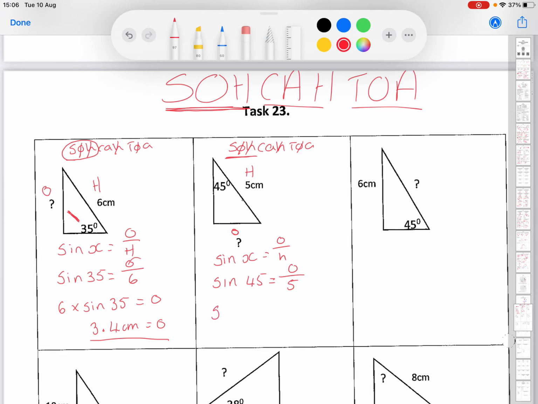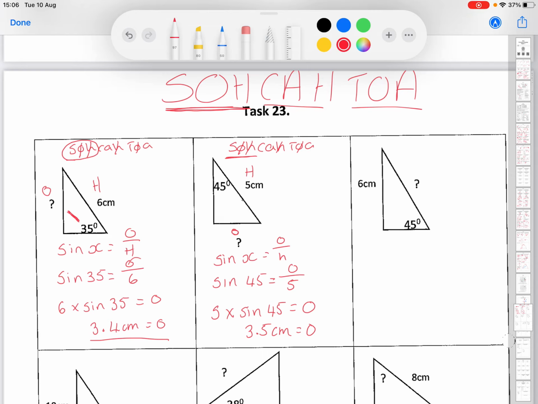We don't have O, but we do have our H is 5. We're finding the thing at the top, so we're going to times. So we're going to do 5 times sine of 45 to give us our opposite, which is 3.5 centimetres.